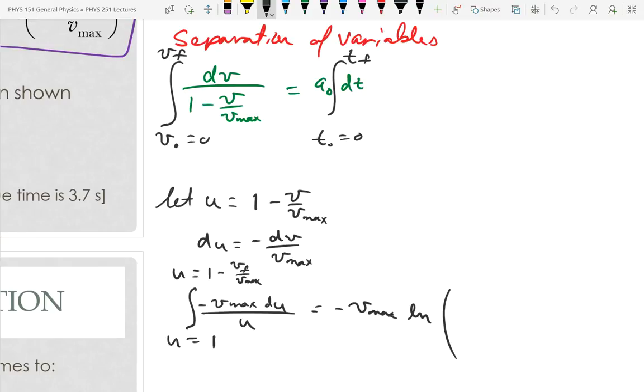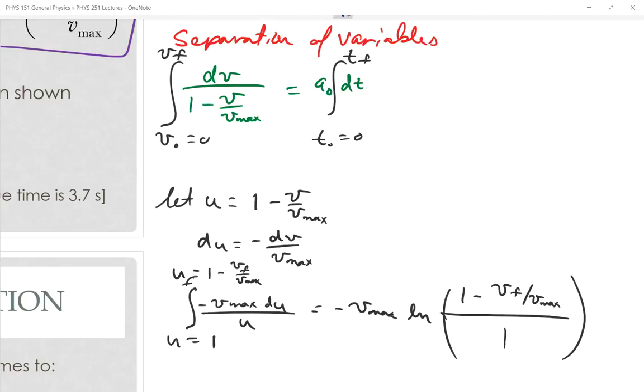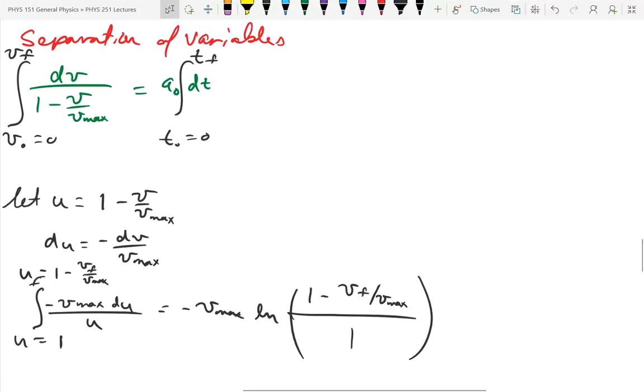So it's going to be the u final over the u initial. U initial was tough, right? So that's what I have for the left-hand side. For the right-hand side, well, that part was comparatively trivial. Where's my blue pen? I guess that's the closest I have to blue. The right-hand side was just A0 t final.